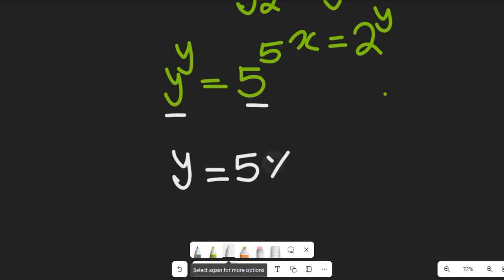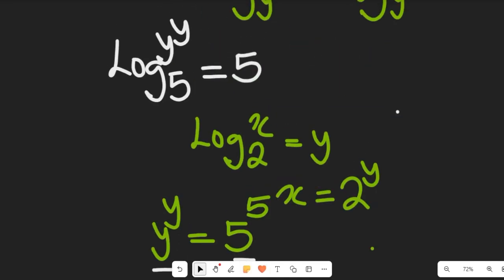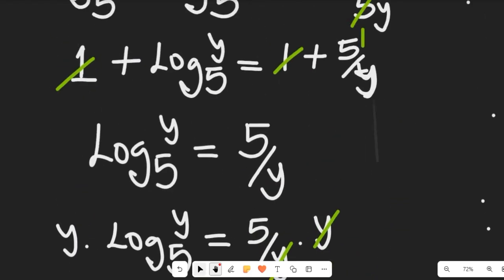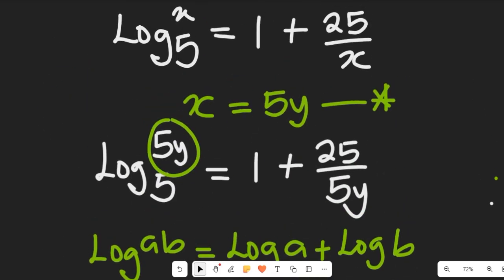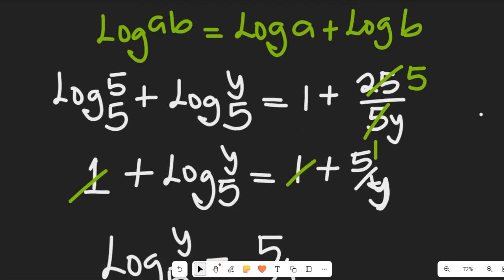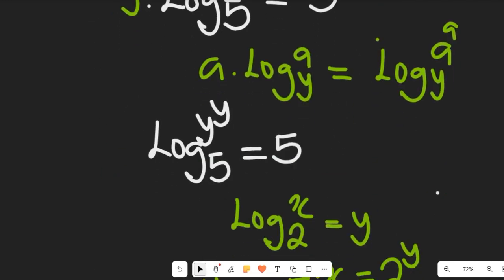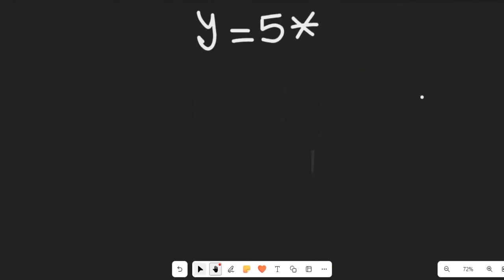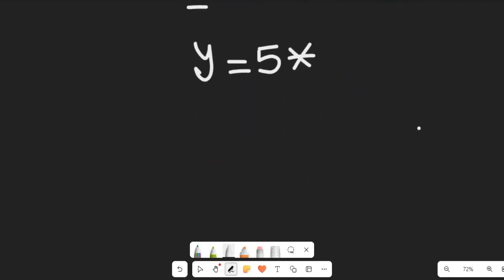But that is not our solution. Recall that from the initial expression, we said the value of our x is equal to 5y. So that tells us that this expression is not the solution.